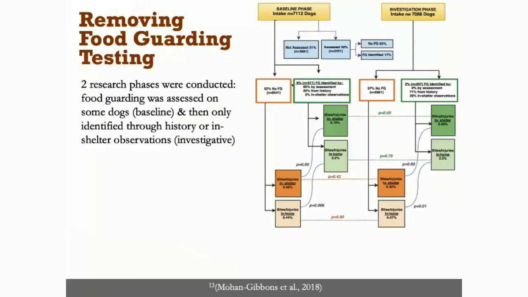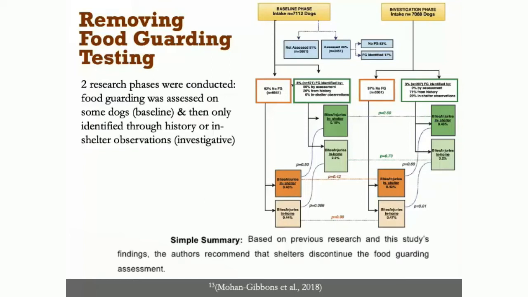We have a lower identification of food guarding because we don't have the food guarding test now, but we're somehow getting it much more in the history. I can't quite explain that. And we're seeing, of course, many more in-shelter observations, right? Because now we're relying on feeding them or being in the kennel and using those observations. And then again, we're taking a look at the bites and injuries in the shelter and in the home.